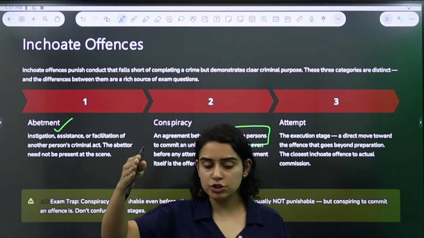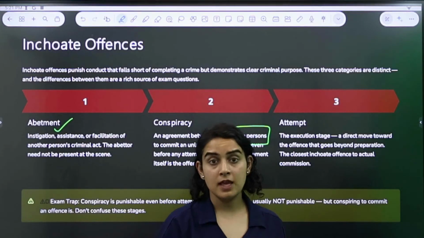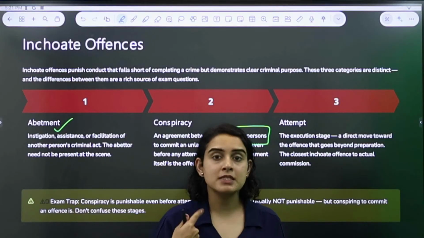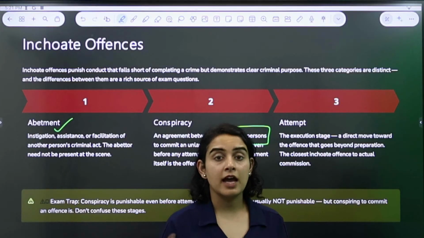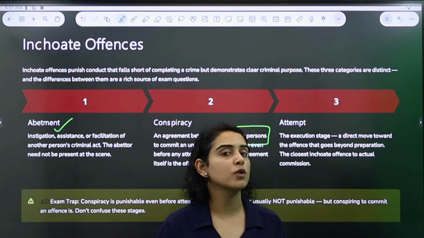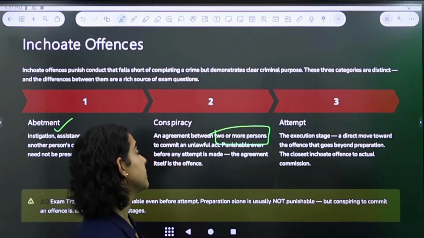But my job was just to bring him to that spot so that my friend can kill that person. In that case, although I have not done anything directly, I'm still part of the plan. And that's called being a conspirator. So, I am also one of the conspirators in that case, and I will also be criminally liable.